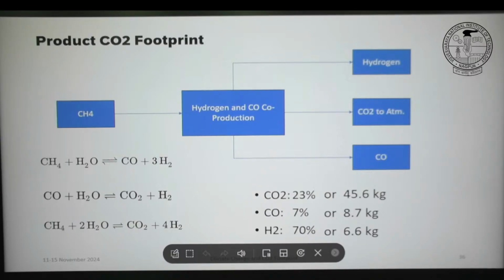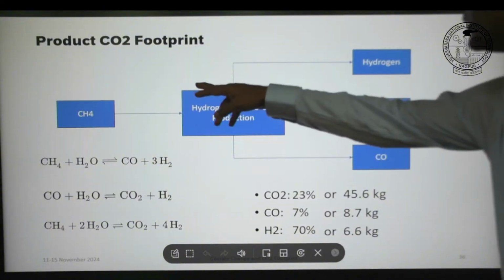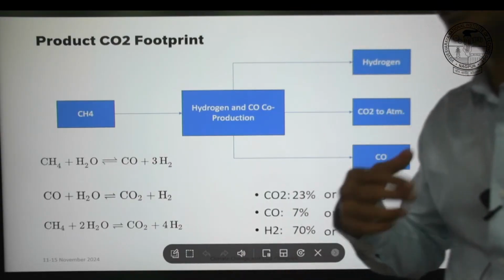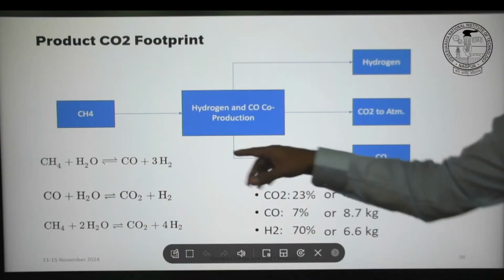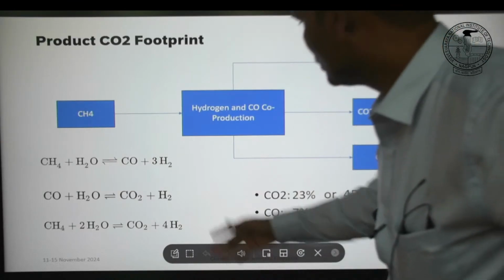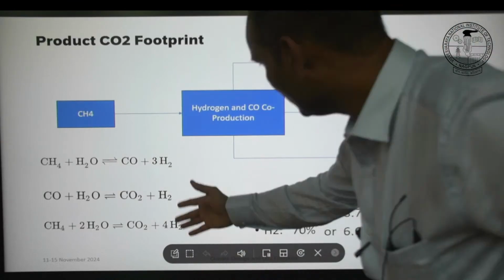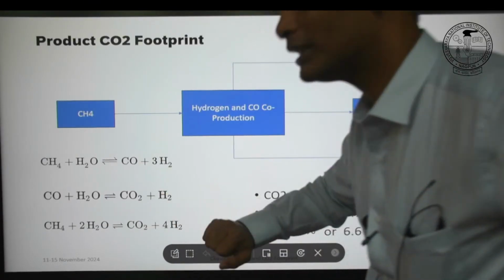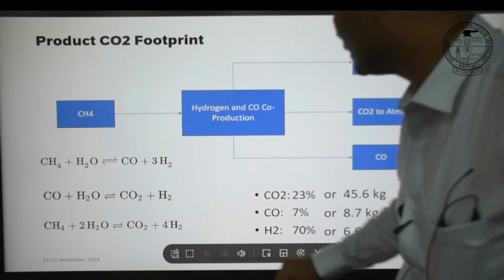Right? So let's take an example of producing hydrogen, the conventional way of producing hydrogen from natural gas. So you have steam methane reforming. We'll be spending 1.5 hours only on this part tomorrow. But those are the three basic equations: steam methane reforming, the water gas shift reaction, and the direct reforming.